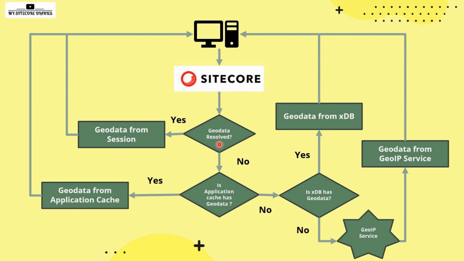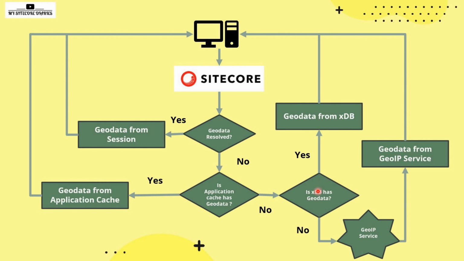If it is available, then first it will check whether it is available in the contact session. If so, the data is taken from the session. If not, the next stage is to check whether it is available in the application cache. If yes, it will take it from the application cache. If no, it will check whether it is available in the xDB.